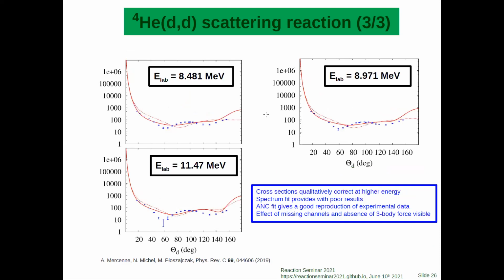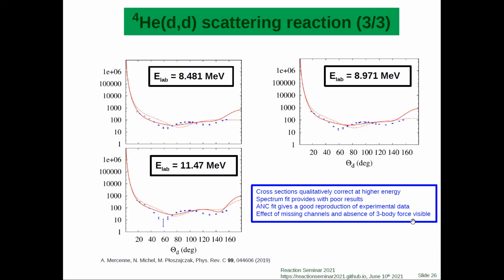Here it is higher energy. One can see that it is more difficult to have a good description of cross sections at higher energy, especially with the spectrum fit, which is not the best as we saw, but also with the ANC fit, where, for example, here we cannot have the minima at the right place.